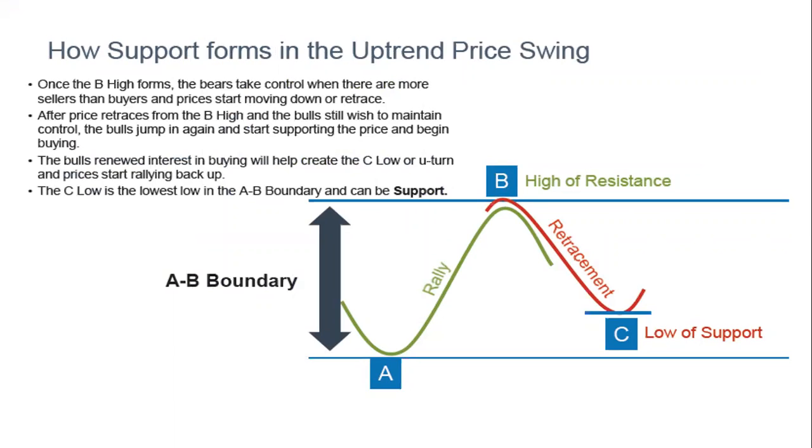How does support form in an uptrend? It is when we are having the retracement. Remember I said we have rally, retracement, then extension. Either you buy the rally, or you sell the retracement, or you buy the extension. Rally is the movement of price from support to resistance.